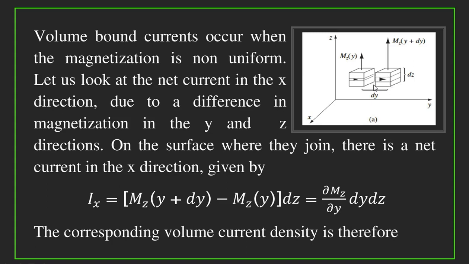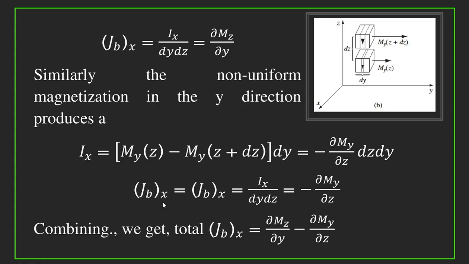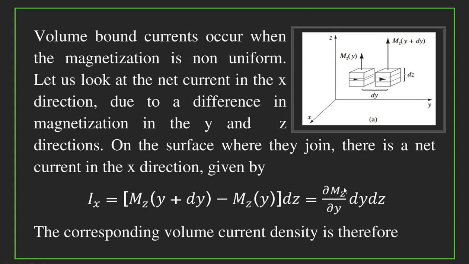So this much current is passing through an area of dy dz towards the positive x direction. Therefore, the surface current density will be equal to current by surface area, that is Ix by dy dz, which is equal to dou Mz by dou y, because we get dou Mz by dou y into dy dz. If dy dz is taken to the other side, you get dou Mz by dou y.